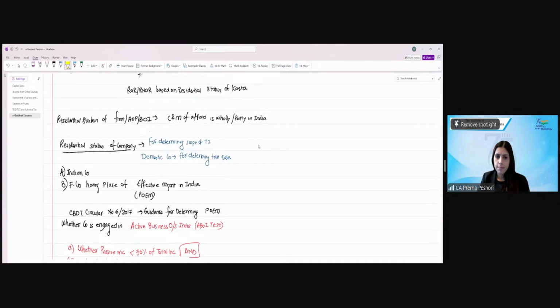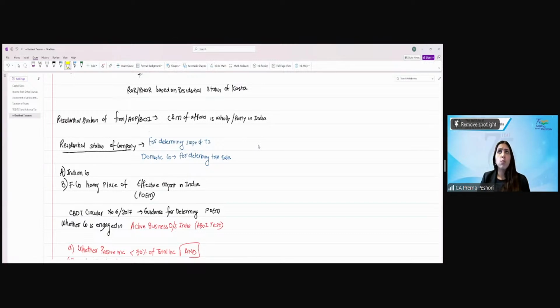Ma'am, a resident company is an Indian company set up under the Indian Companies Act, and also a foreign company having its place of effective management in India. Those we can call a resident company.